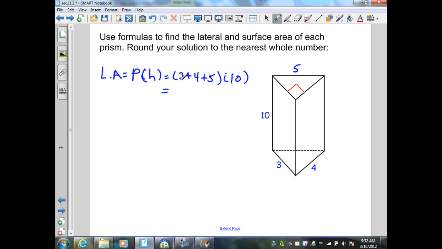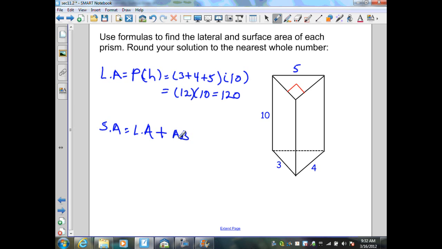Simplifying, I'm going to get 3 plus 4 is 7, plus 5, which is 12, times 10. And here I get 120 for the lateral area. Again, to find the surface area, I need to find the lateral area, which I did, and then add that to the area of my bases.